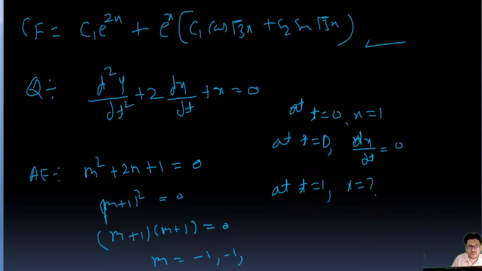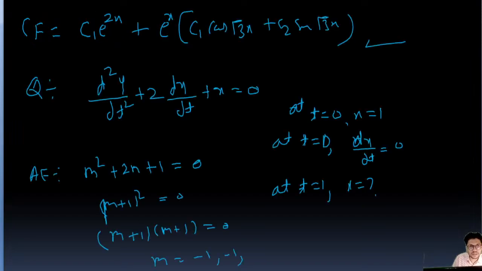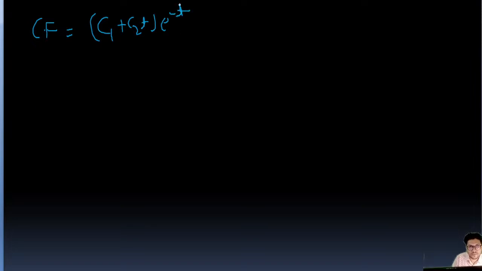So what would be the solution for this? The complementary solution is c1 plus c2 t, times e to the power minus t.